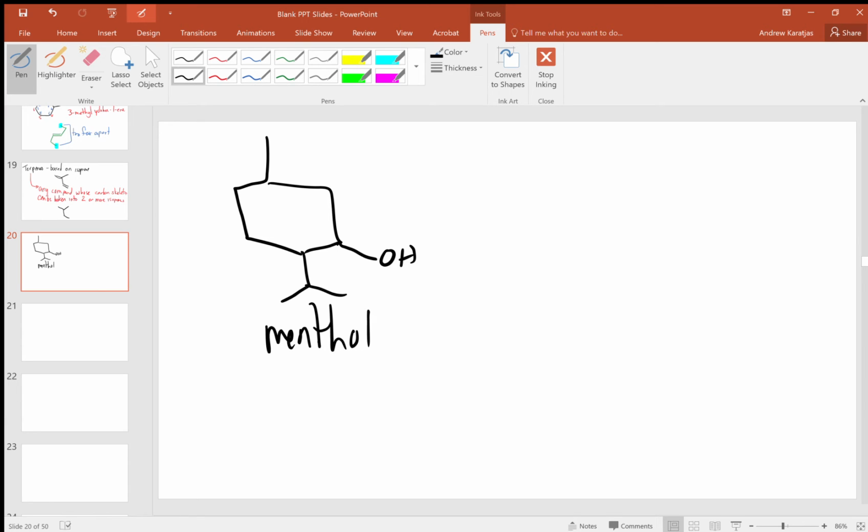And while the alcohol itself isn't part of the terpene, we have one isoprene unit here, and one there. And so menthol is just basically these 2 isoprene units that are stuck together.